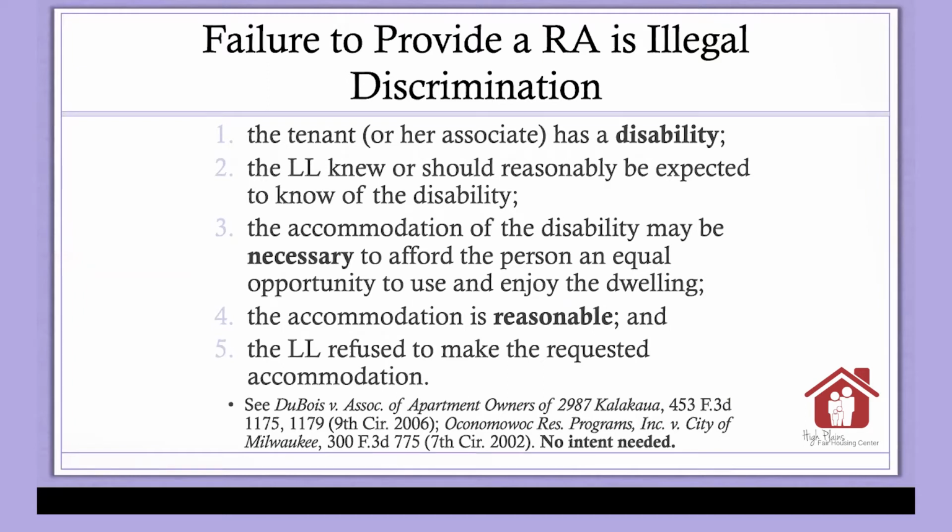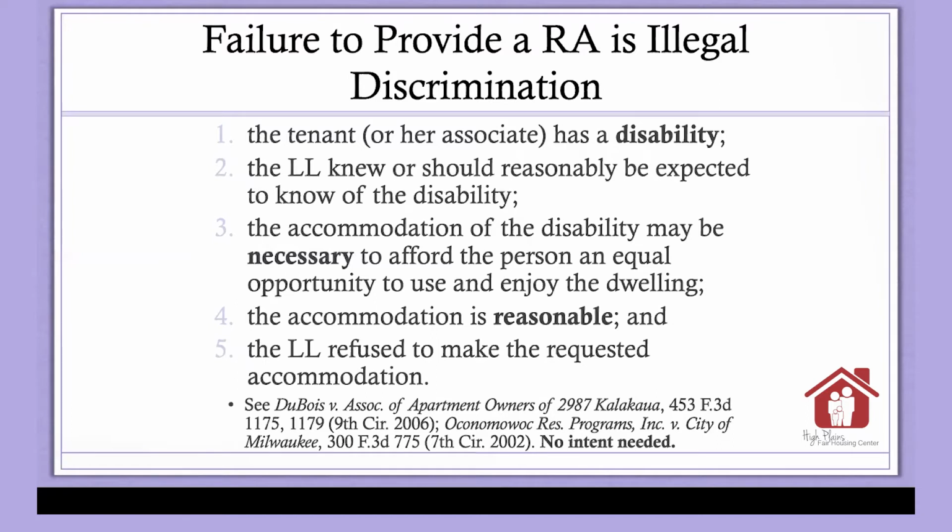But here, first element, the tenant or his or her associate has a disability. Second, the housing provider or landlord knew or should reasonably be expected to know of the disability. Third, the accommodation of the disability may be necessary to afford the person an equal opportunity to use and enjoy the dwelling.